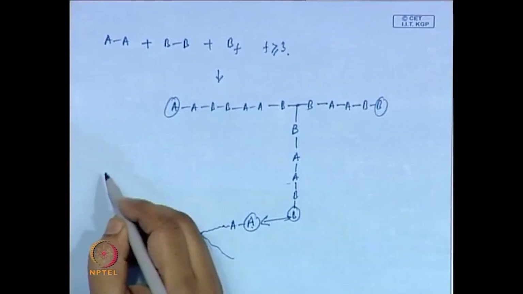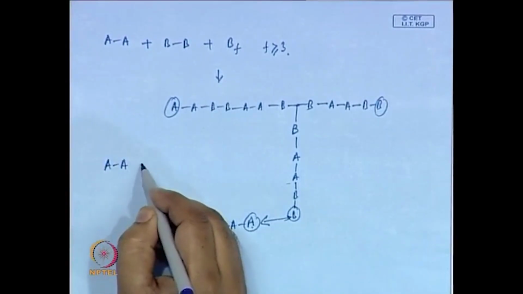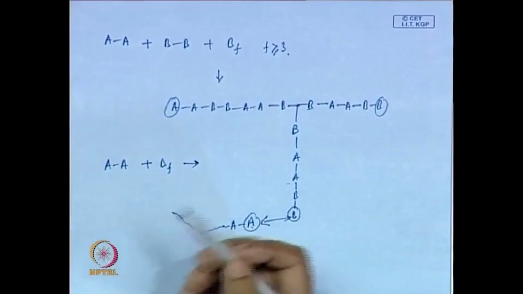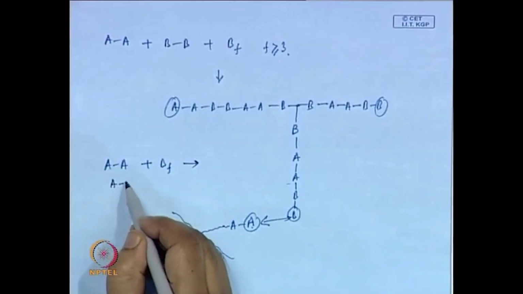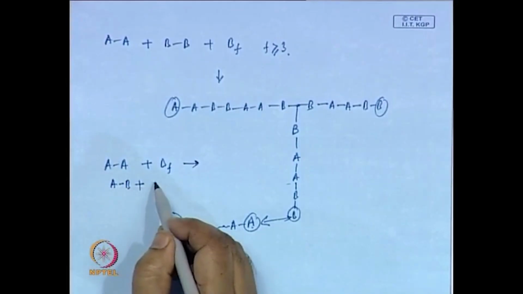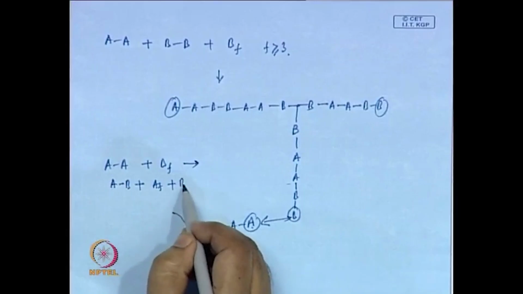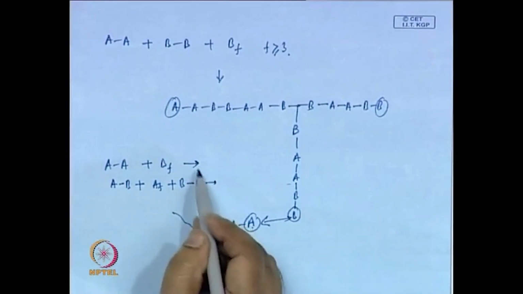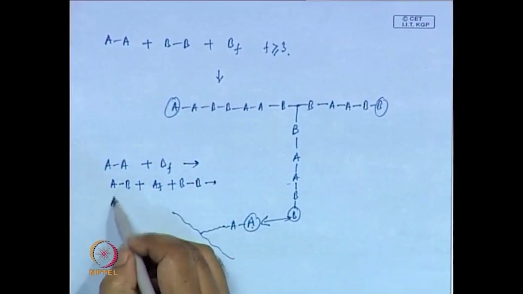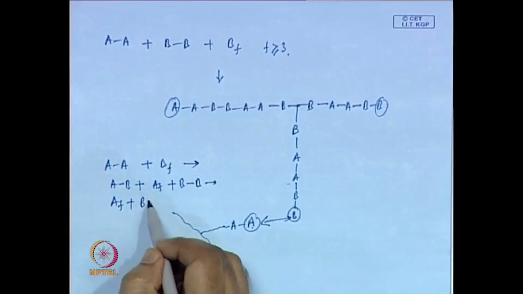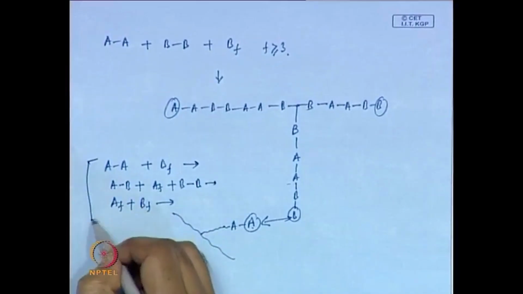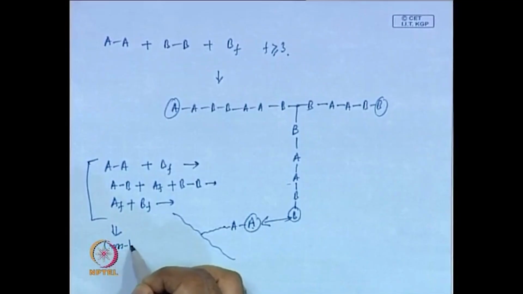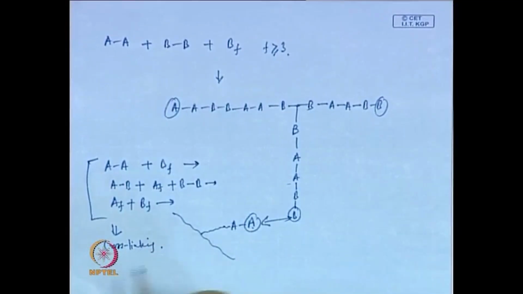If I have say A plus BF type, it can undergo cross linking, you can visualize yourself, plus AF plus a few BB molecules, then also it can form cross links, or if you have AF plus BF molecules, all these can form cross links.